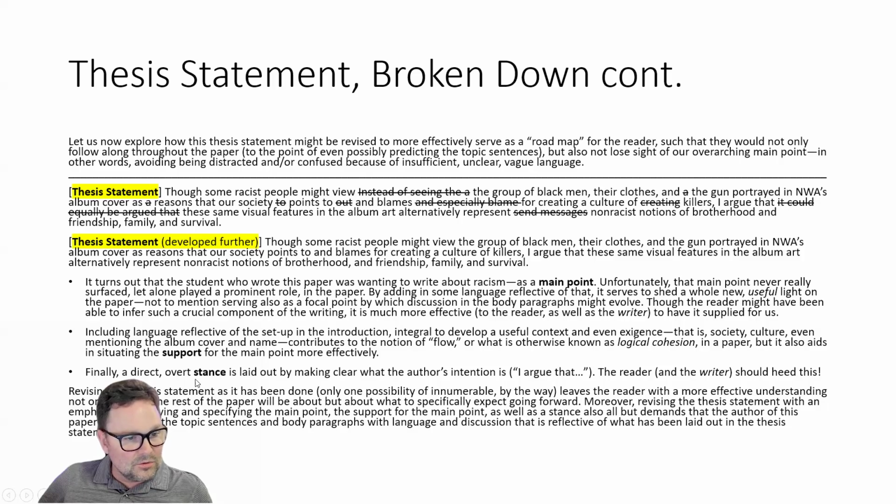And then a direct and overt stance: I argue that. So the construction of this thesis statement is, though some racist people might say such and such, comma, I argue something else. You're acknowledging that there are other points of view, that there's a different take on this, perhaps, but you're basically saying, I argue that it's wrong, or I argue that my version's better.